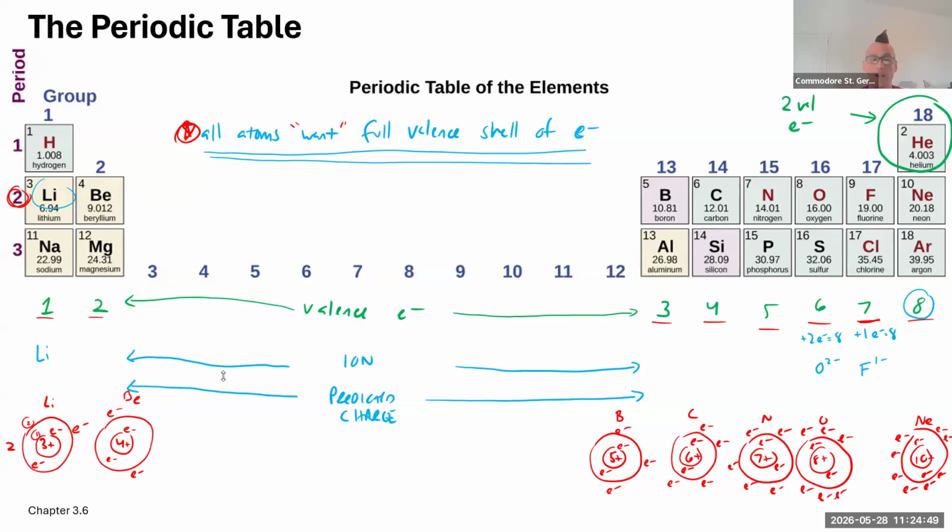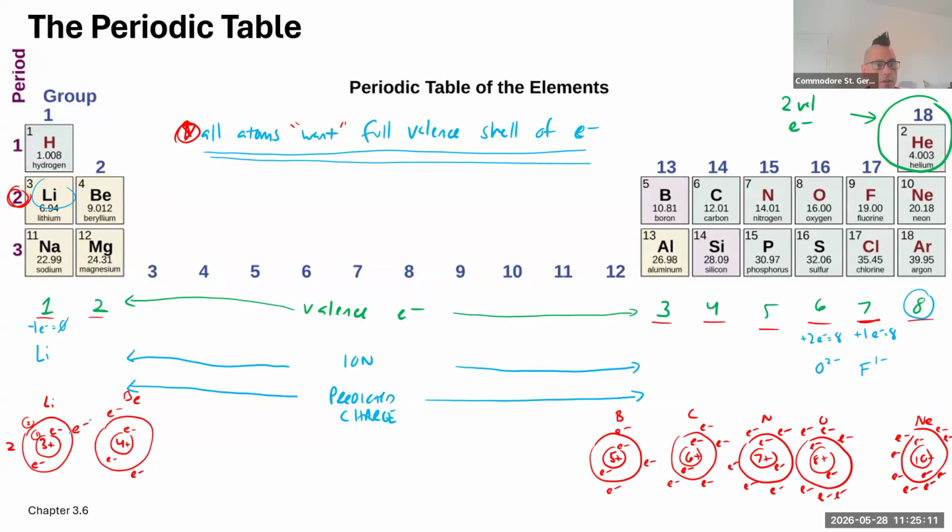Well, atoms are going to do what's easiest, and it's easier for lithium to adjust 1 electron instead of adjusting 7 electrons. So lithium is going to actually lose 1 electron, and now it's going to have 0 valence electrons, right?